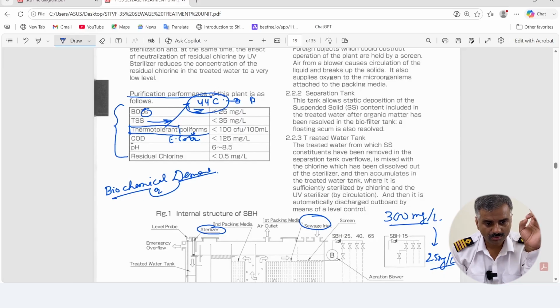Next is COD. COD is chemical oxygen demand. When I talked about biological oxygen demand, chemical oxygen demand is a similar term. There are some chemical components in the excreta, like bicarbonates and phosphates.